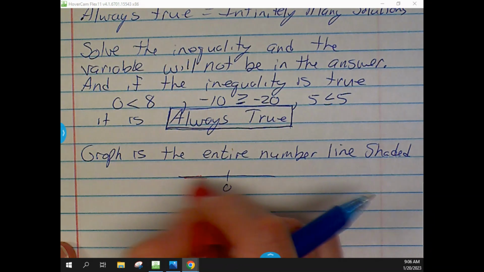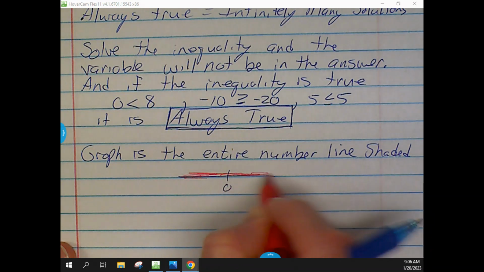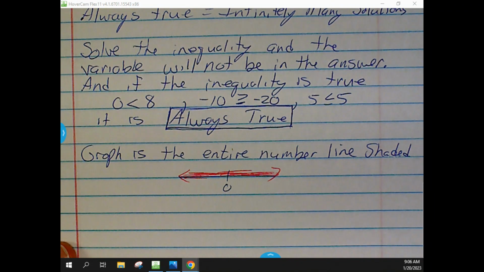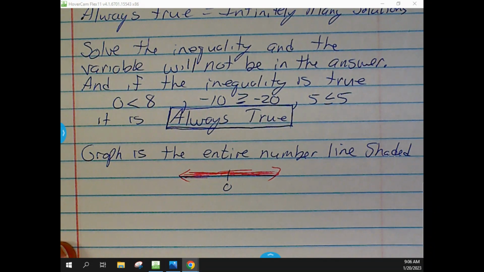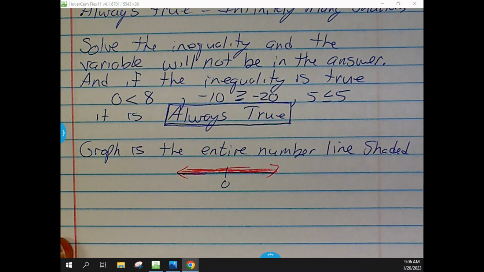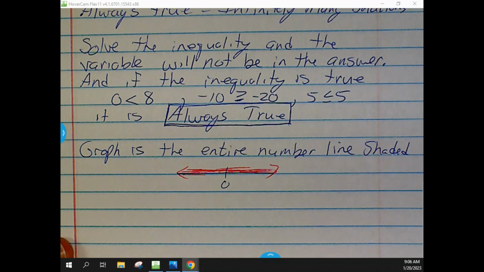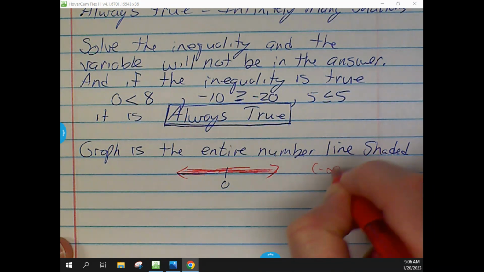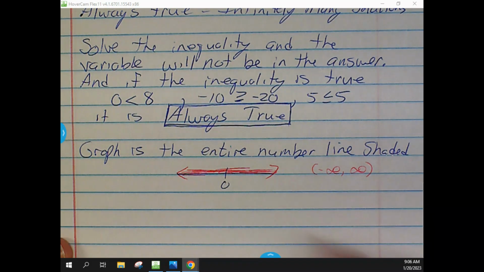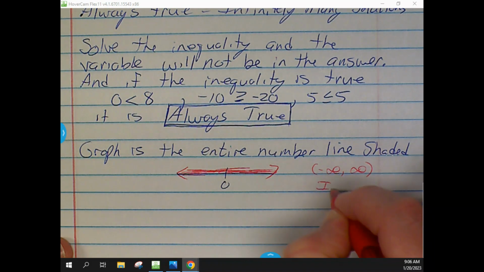So that's one where they should just kind of do something like this. Okay. And then interval notation, if it's infinitely many solutions or all real numbers or always true, whatever it is, interval notation, that's going to be negative infinity to infinity because it goes forever to the left, it goes forever to the right. So that would be your answer in interval notation.